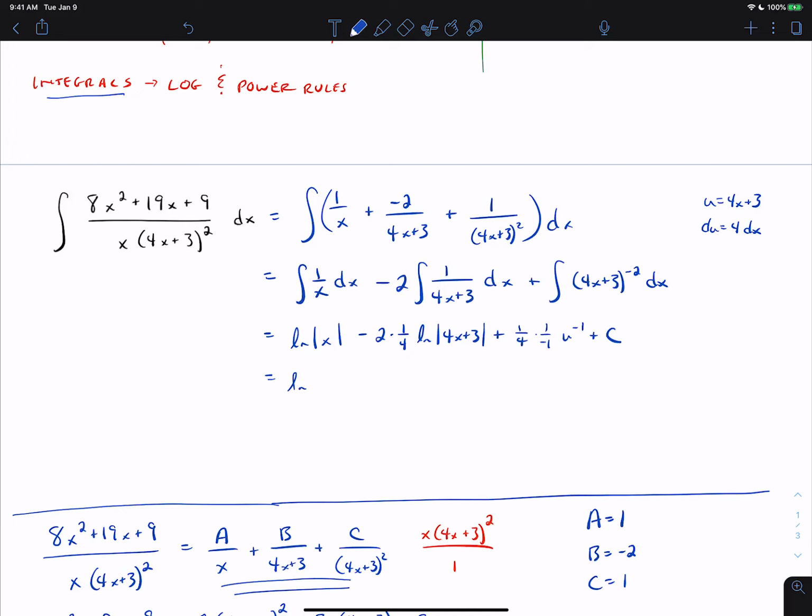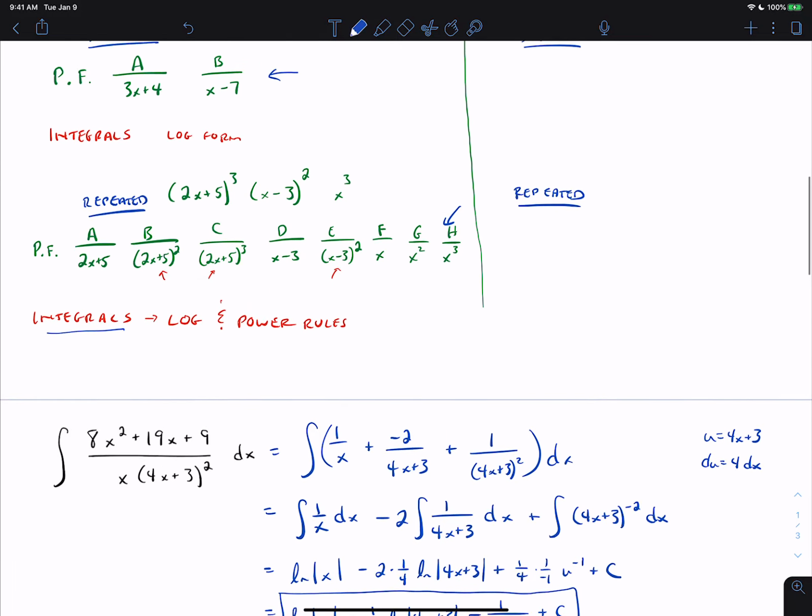And now we plug back in and simplify. So we get natural log of the absolute value of x minus 1/2 natural log absolute value 4x plus 3 minus 1 over 4 times 4x plus 3 plus c. That's the answer on this problem.